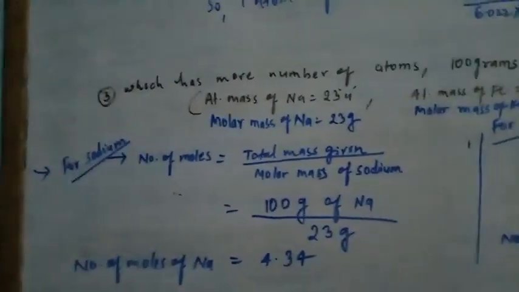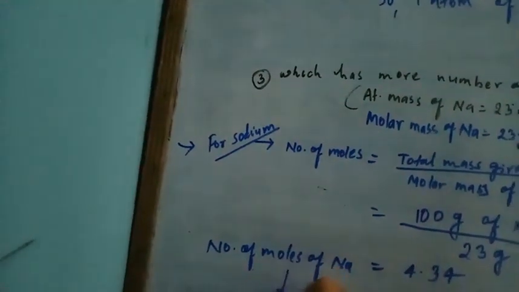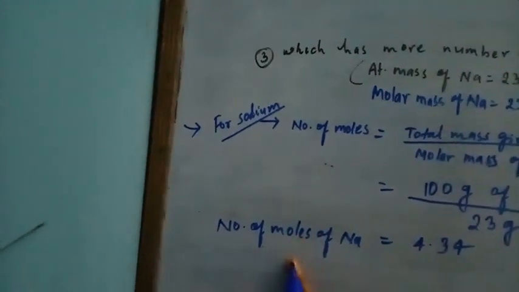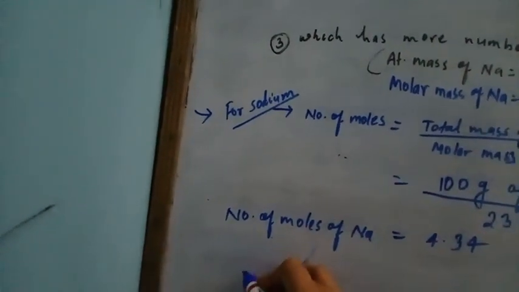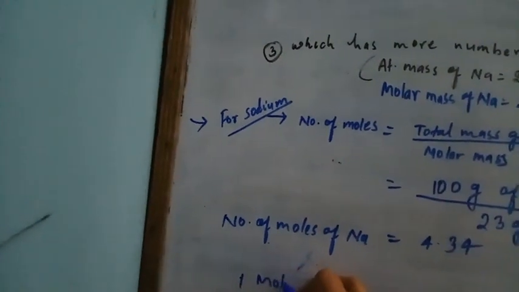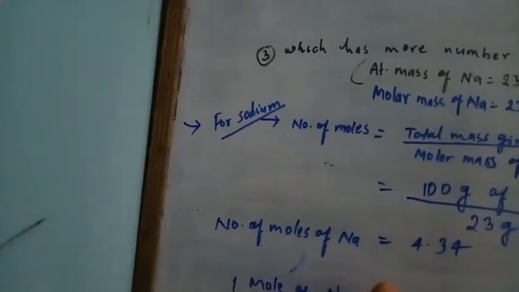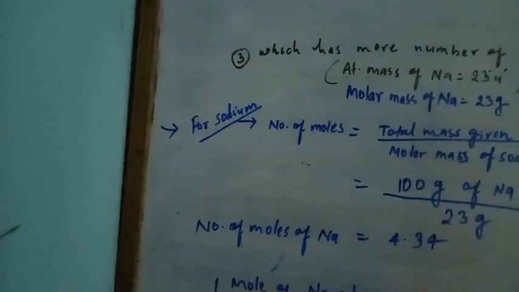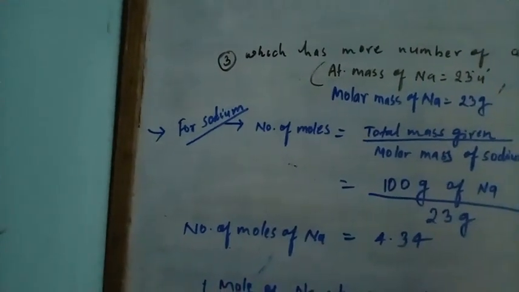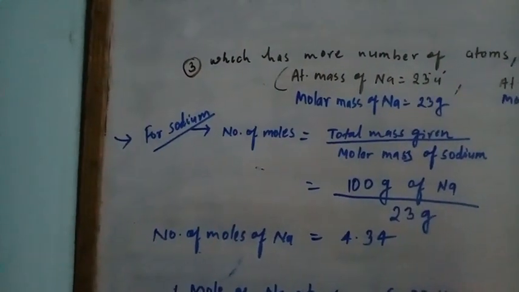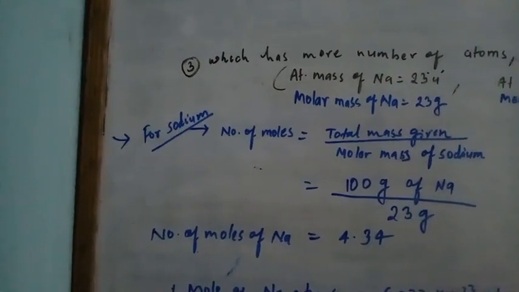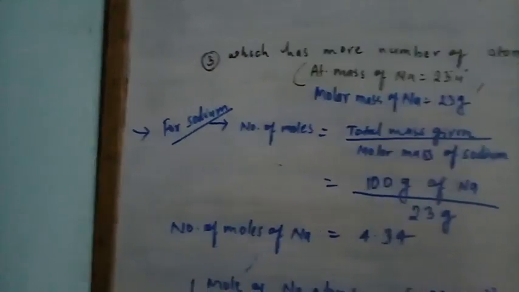But we can also calculate directly the number of atoms. Now you know that 1 mole of sodium atoms is equal to 6.022 into 10 to the power 23 atoms of sodium.